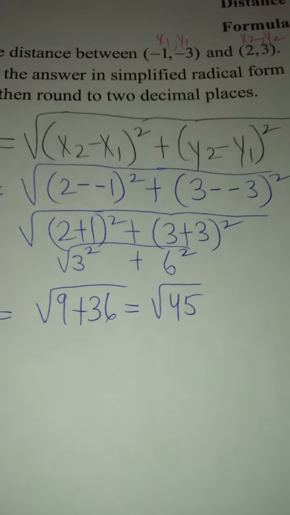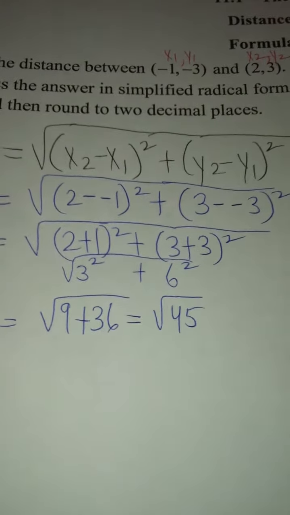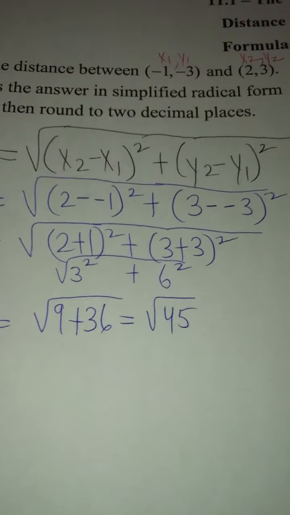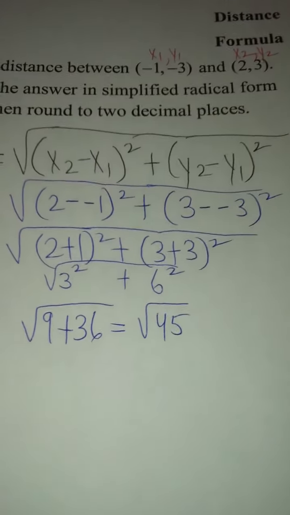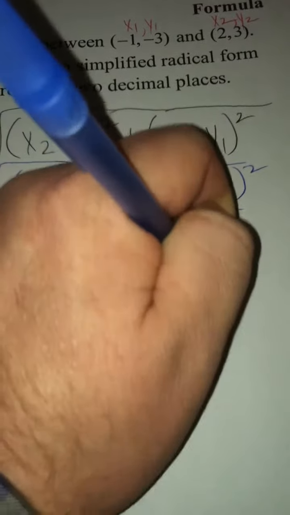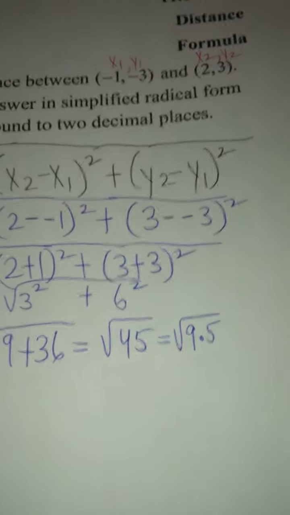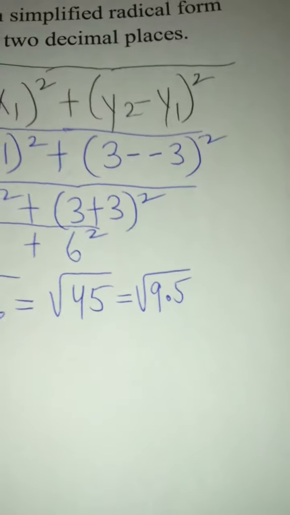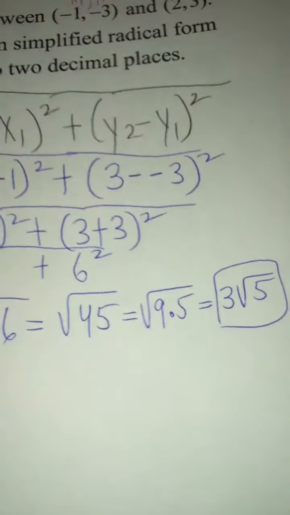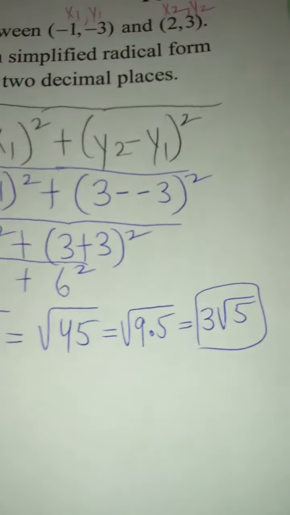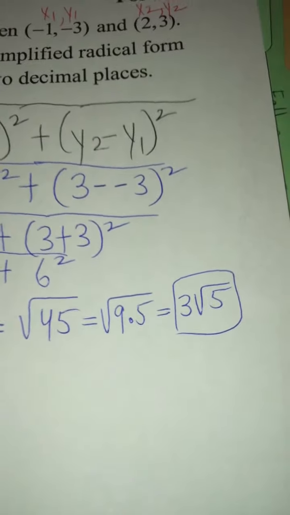And in simplified radical form, 45 has a perfect square as its factor. We can break down 45 as 9 times 5. And we know the square root of 9, of course, is 3, and we're left with the square root of 5.